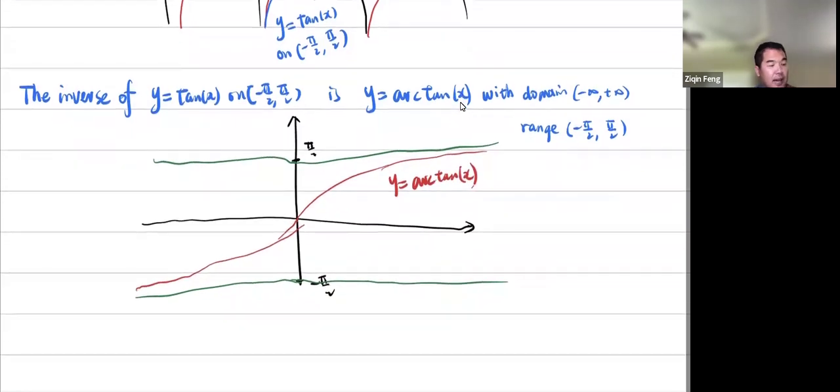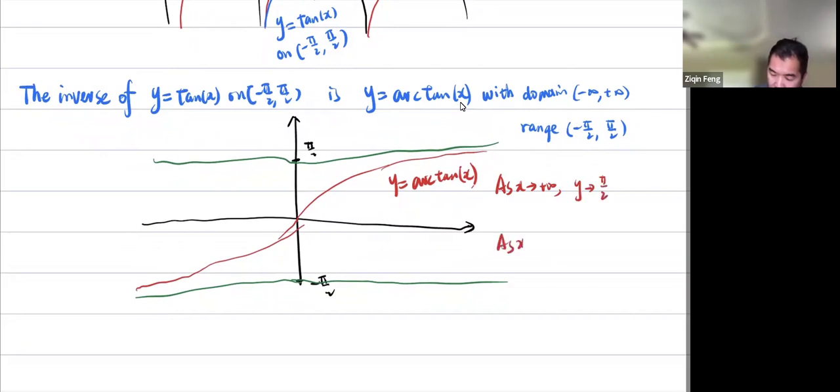Now you can see that as x gets larger and larger without upper bound, the function value goes to pi over 2. So as x goes to positive infinity, arctangent of x goes to pi over 2.